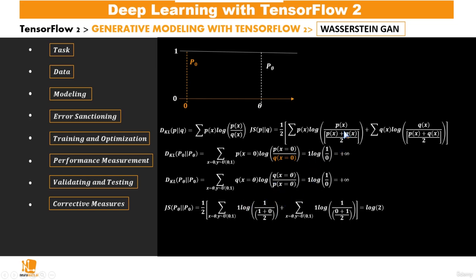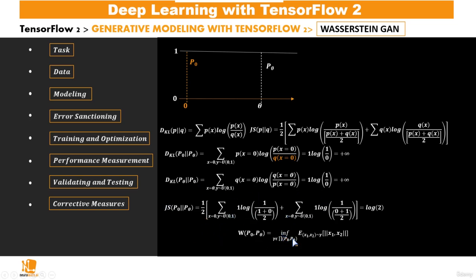And applying the formula here, we still have this 1, since we had already found that when P0 is at x equals 0, we have the value 1. And then for Q, we have the value 0, because P theta when x equals 0 is actually equal to 0. So we have 1 divided by 1 plus 0 divided by 2. This is a similar case here, and so we have 0 plus 1 divided by 2. This gives us log 2 plus log 2, and then divided by 2. That gives us log 2.